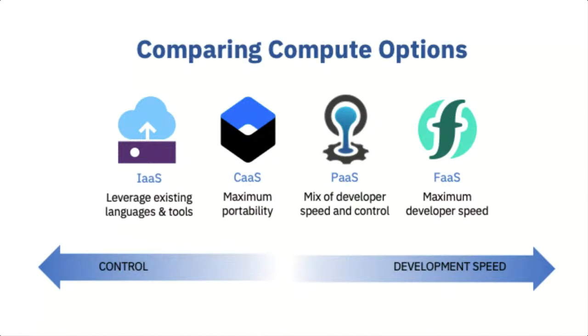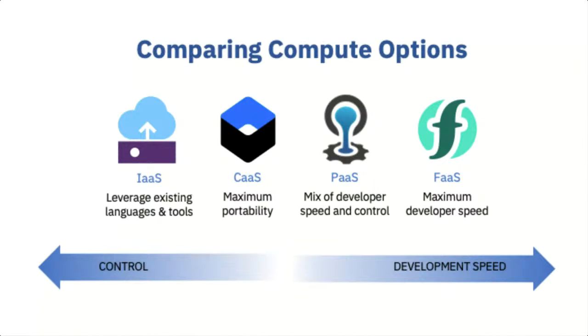This gives you a mix of developer speed and control. You still get a good amount of control, but a lot more speed to get up and running and get to the development pieces that are the most important parts of your job as a developer. You don't have to mess as much with the underlying infrastructure.